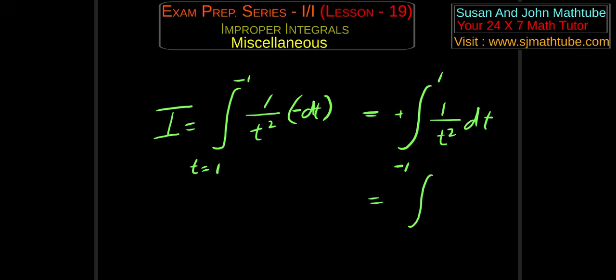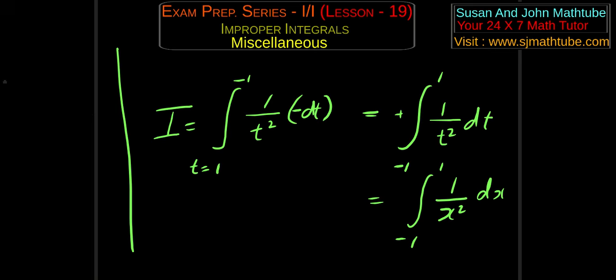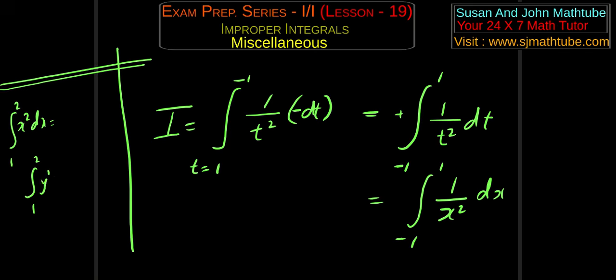And in the next line, I'm going to write something which most of you may have some objection to if you are not watching all the videos regularly. Look at this. I'll give you a few examples. We have discussed this in lesson 13 or somewhere. I don't remember now. Anyway, what is integral 1 to 2 x square dx? What about integral 1 to 2 y square dy? What about integral 1 to 2 t square dt?